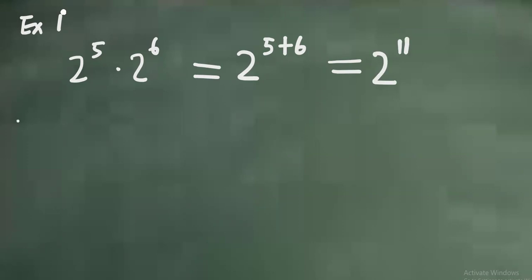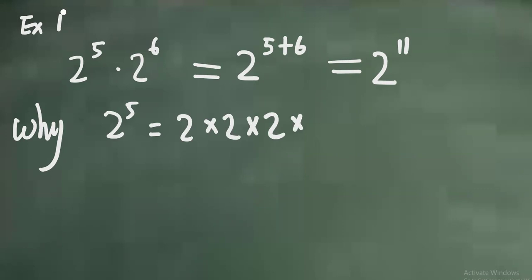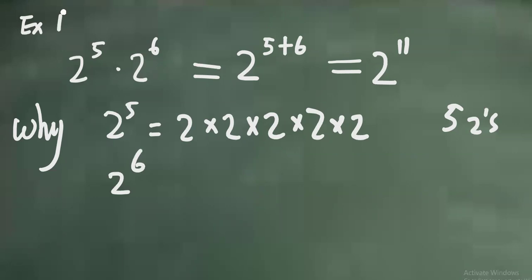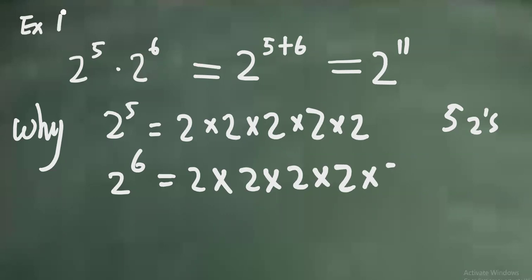But why is this operation correct? We explain: 2 to the 5th power means 2 times 2 times 2 times 2 times 2, which means 5 twos multiplied, and 2 to the 6th power equals 2 times 2 times 2 times 2 times 2 times 2, which means 6 twos multiplied.